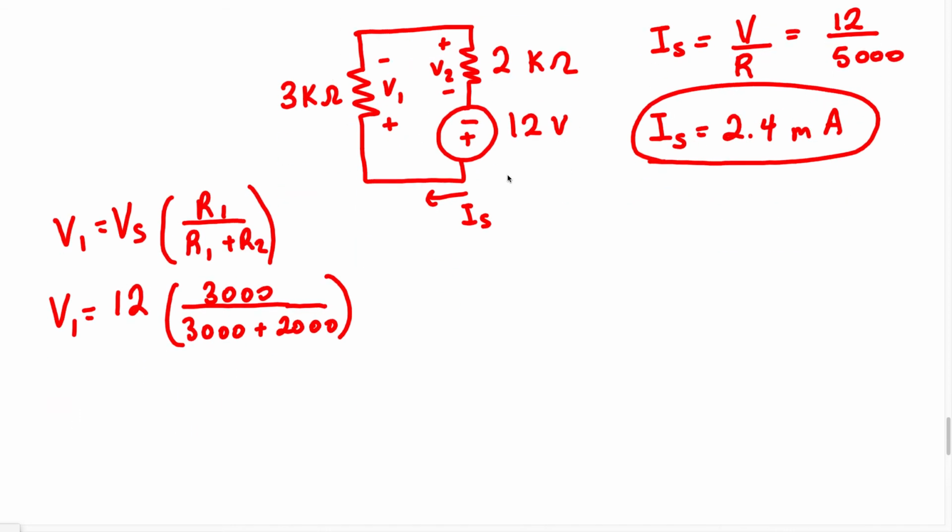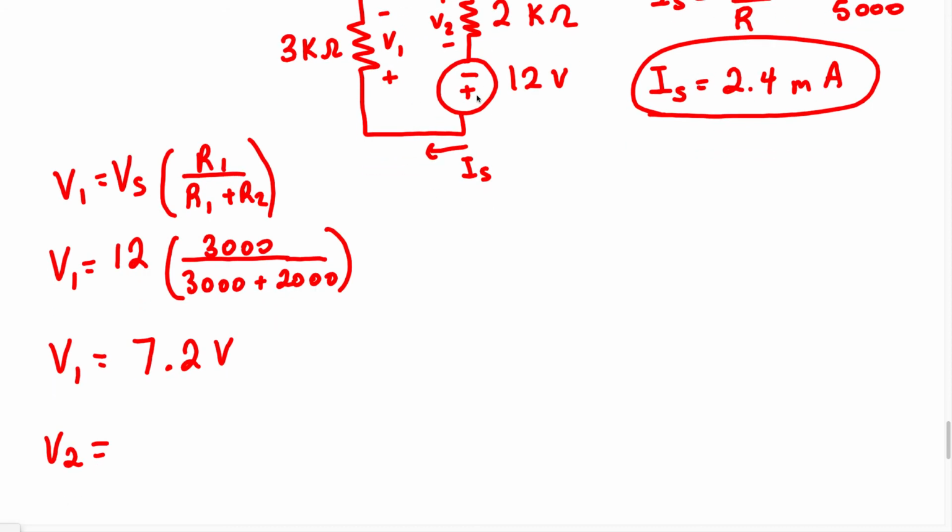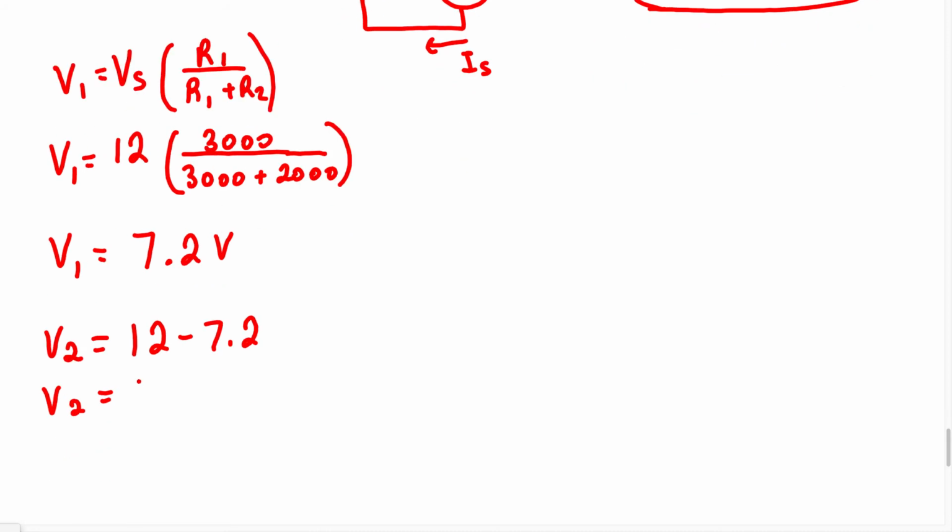When you start to solve for this now, V1 is going to equal 7.2 volts. So if V1 is 7.2 volts, we know V2 is just going to be Vs minus V1, which is 12 minus 7.2. Therefore, V2 equals 4.8 volts.